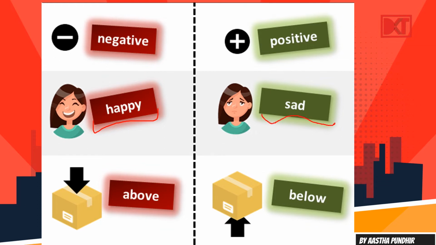But what is happening here? Here you see negative and positive. Either you see happy and sad. You see above and below. Now here if you can notice, here the situation is that all these words are opposite to each other.